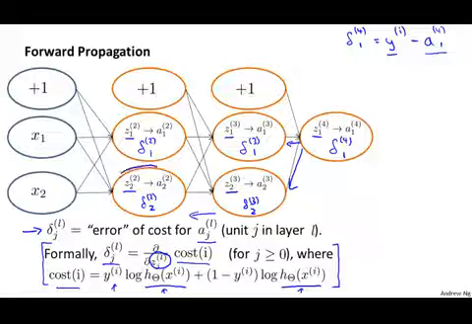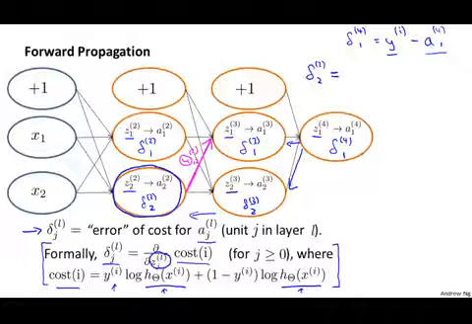Let's look at how we end up with this value of delta 2,2. And similar to forward propagation, let me label a couple of the weights. So this weight, which I'm going to draw in cyan, let's say that weight is theta 2 of 1,2. And this weight down here, let me highlight this in red, that's going to be, let's say, theta 2 of 2,2.